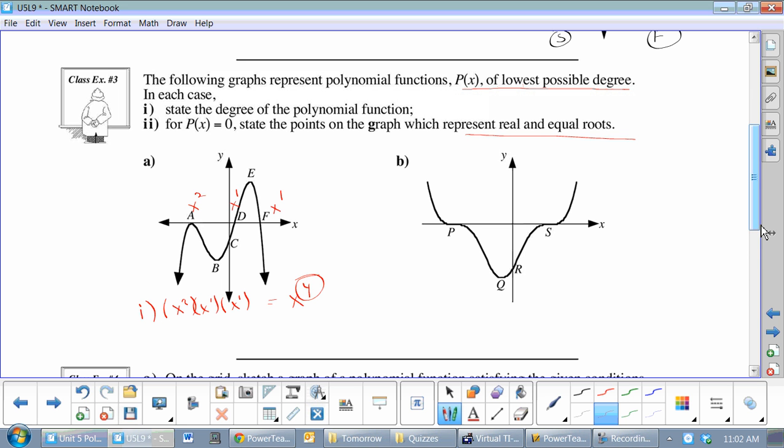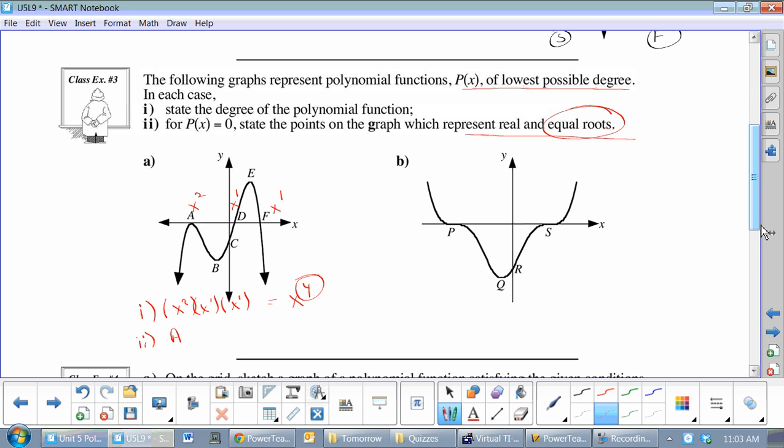Okay, both A, D, and F all have real roots. Which point has 2 identical ones? A, right? So these equal roots means identical roots, right? So the second part of that would be A, because A is probably x plus 6, x plus 6. That's what's going on at A, which is x plus 6 squared.